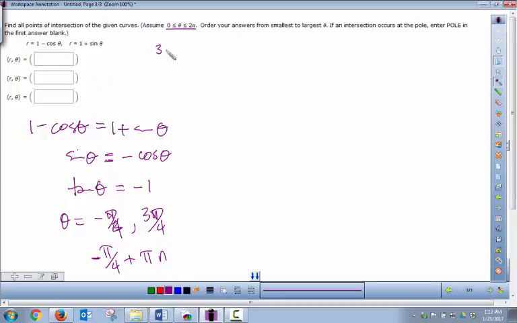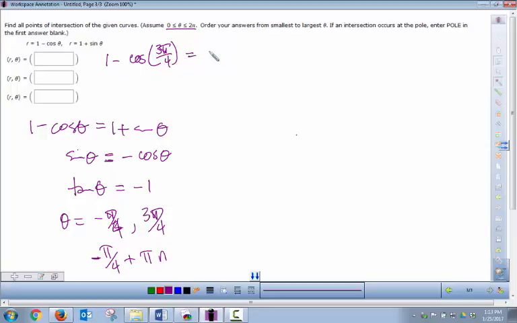So 3 pi over 4 into either one of these should give us the same answer. So 1 minus the cosine of 3 pi over 4 should give you the same value as 1 plus sine of 3 pi over 4. This is root 2 over 2, I think, right? For 3 pi over 4, this is in the second quadrant, where sine is positive and cosine is negative.